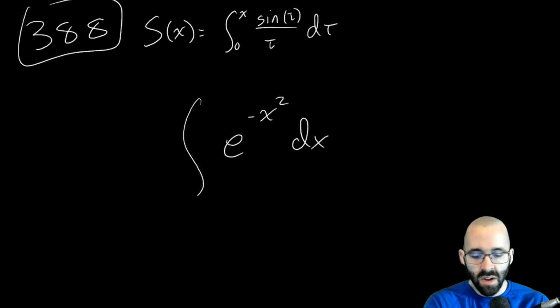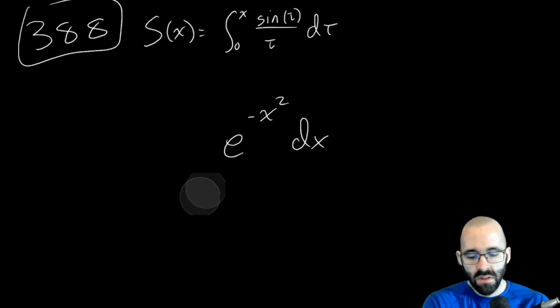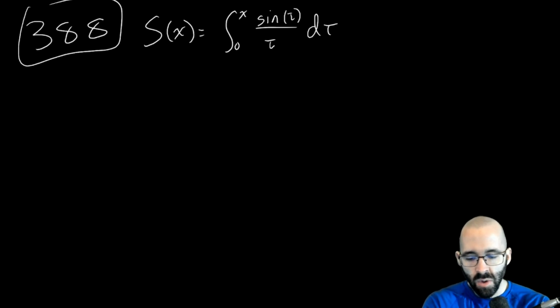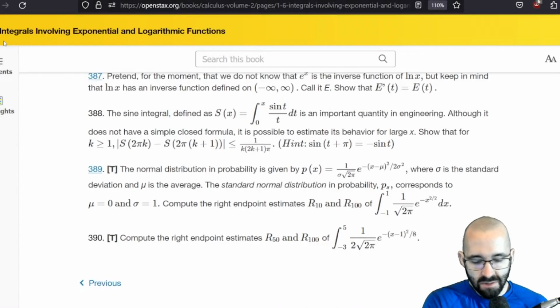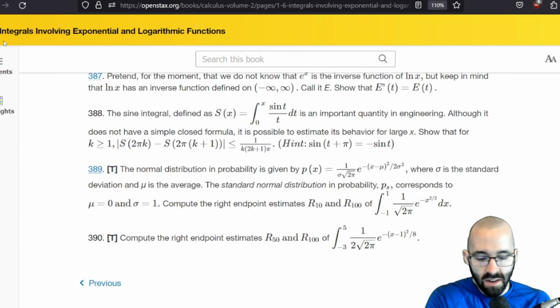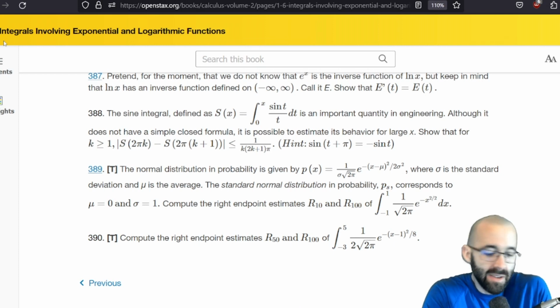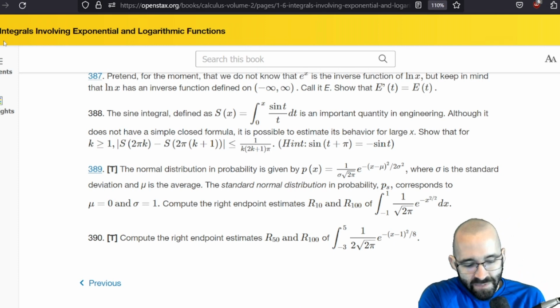Read about this if you want. It's related to the error function. If you want to Google that or ask me for links. So there's no simple closed formula for this important thing. There's no easy way to take the integral, even though it looks pretty simple. Sine of t over t doesn't look that bad, but it's not simple.